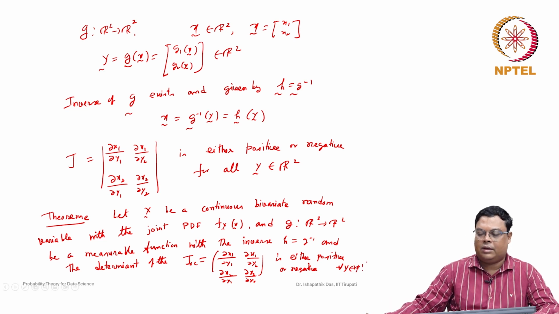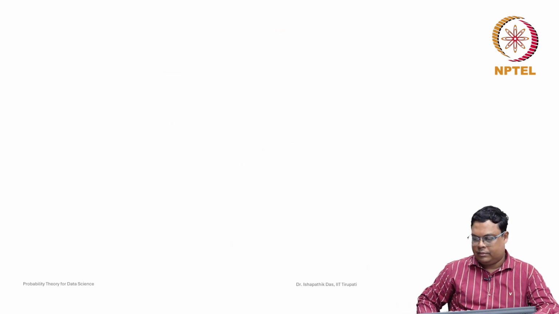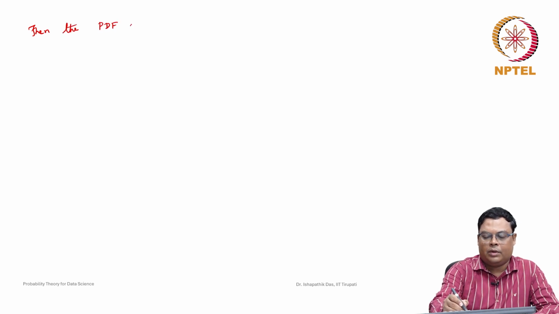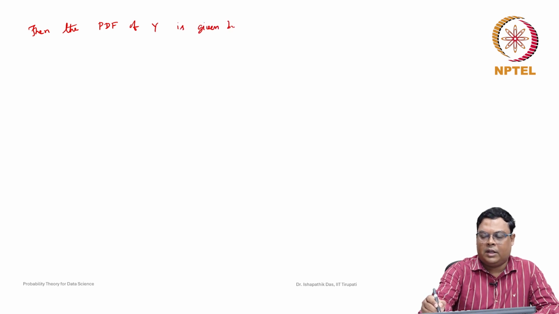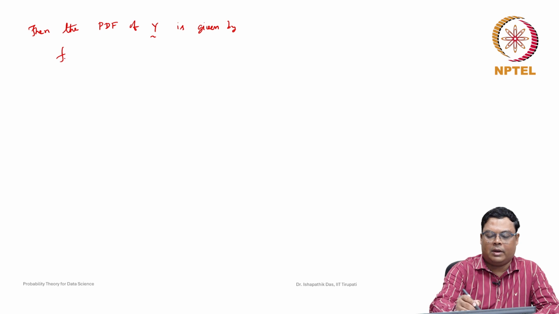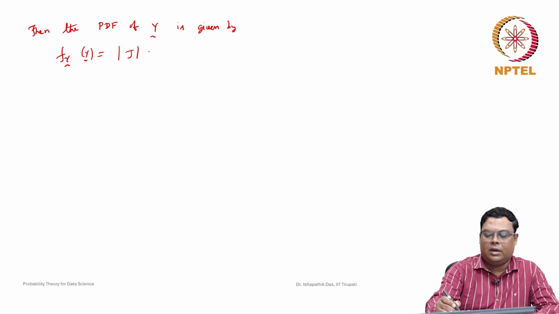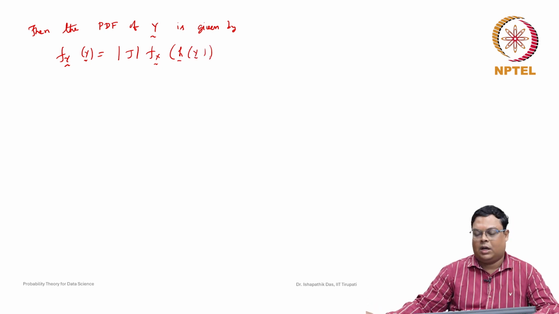Then the probability density function of y is given by f of y, which is equal to the absolute value of this determinant of the Jacobian times f of x evaluated at h of y.